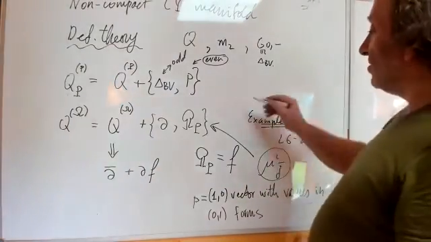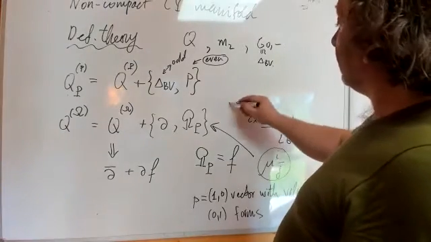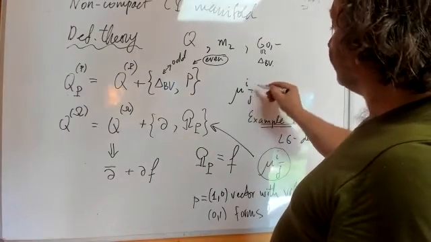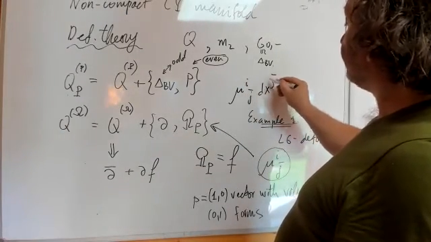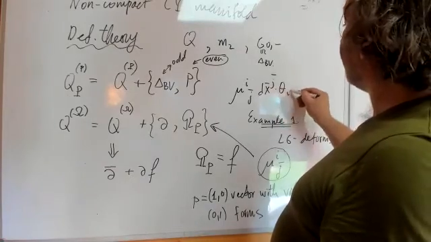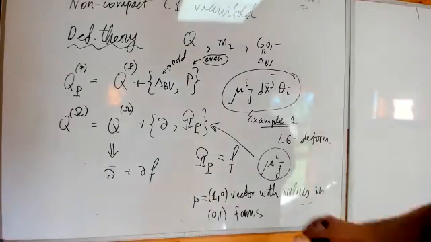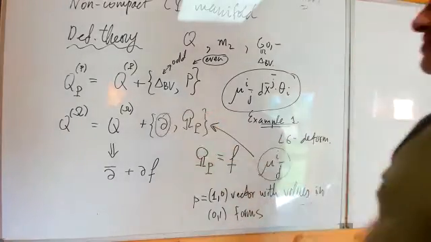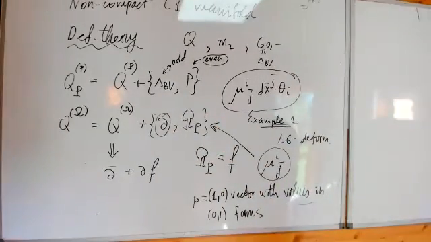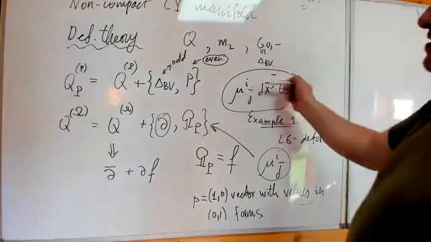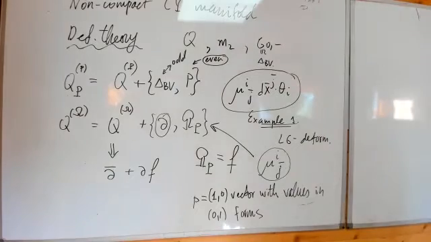So here, mu ij is such an object. Then I also have, in this representation, and by the way, it's such a thing in all representations.